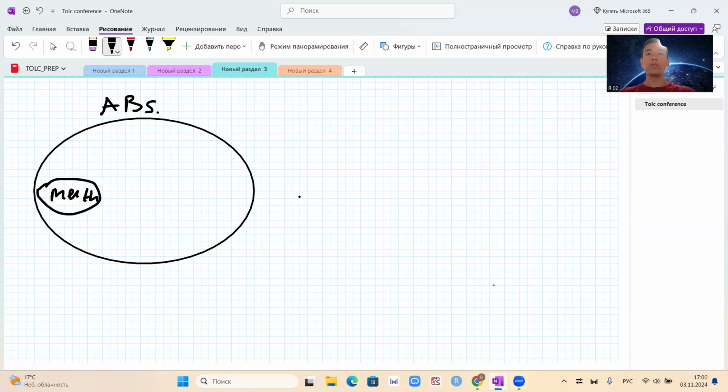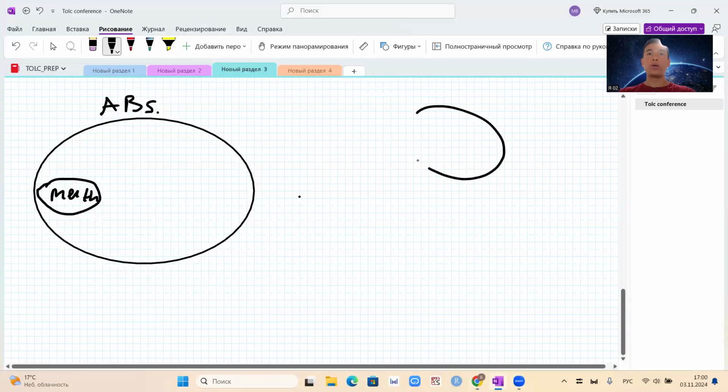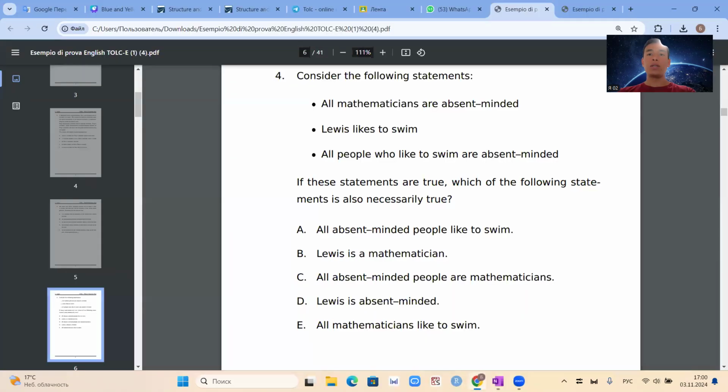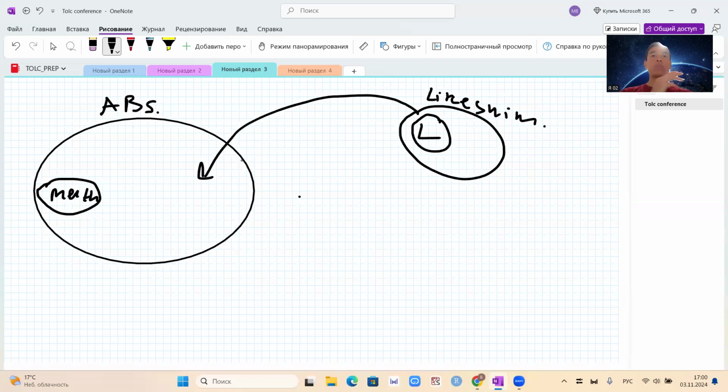Another statement is written: Ladies like to swim. Let me write people who like to swim, and Lewis is inside these people. And the third statement says that all people who like to swim are absent-minded. We need to move this set inside of the absent-minded people.